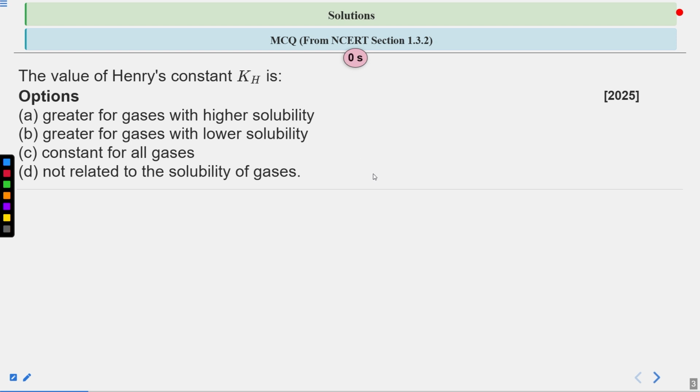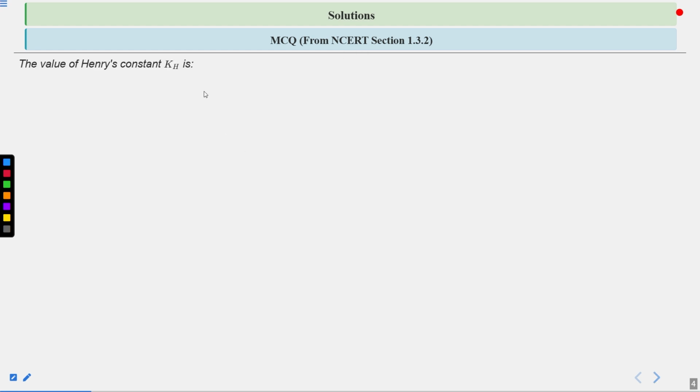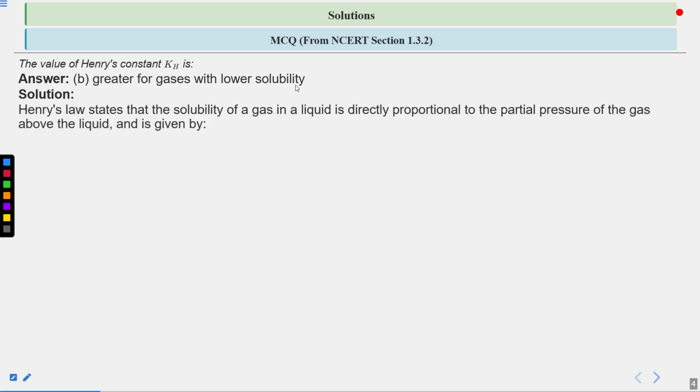Okay, so let's see. For this given question, the correct answer is option B, that is, greater for the gases with lower solubility. Now, Henry's constant we covered in Henry's law, which states that the solubility of a gas in a particular liquid is directly proportional to the partial pressure of the gas above the liquid.